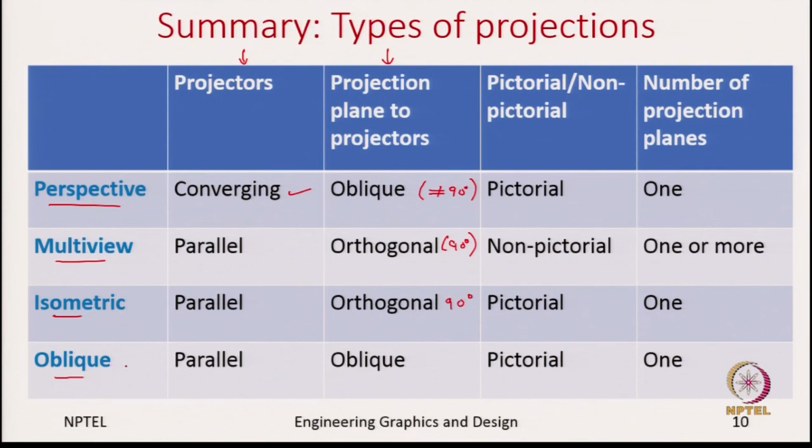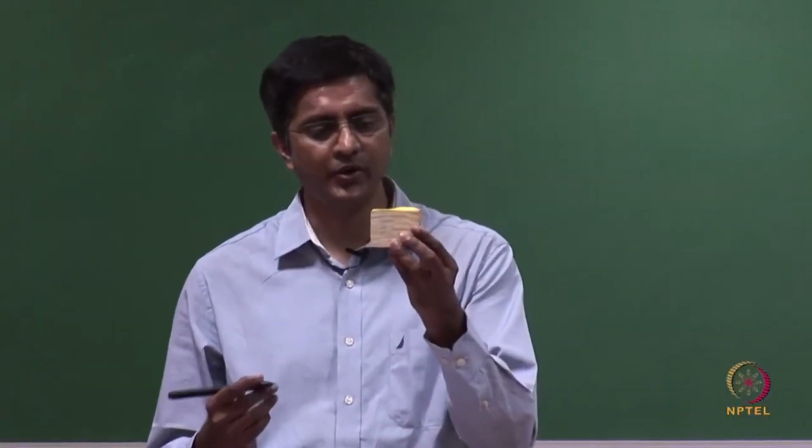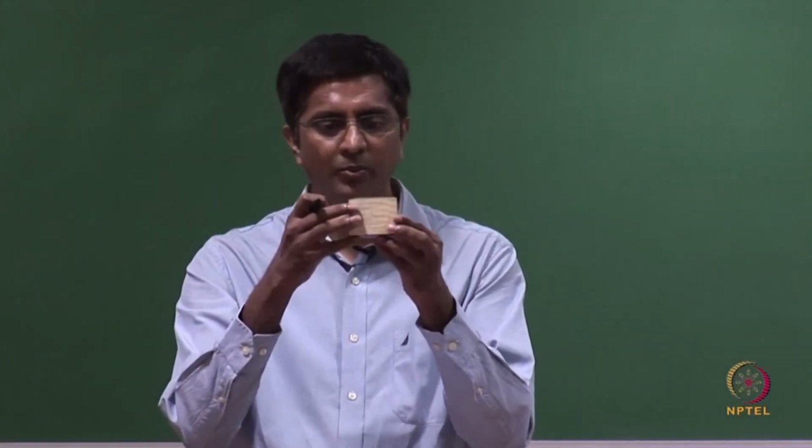And again for the oblique, since we said they are intersecting at an angle, this is again other than 90 degrees. And lastly, this is very important to say: how is the object oriented with respect to the projection plane? Only in the multi-view do you have this properly aligned.